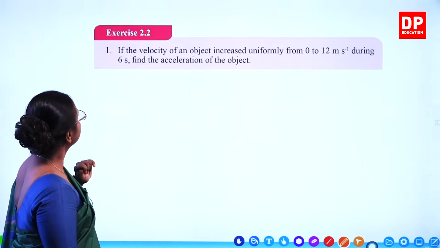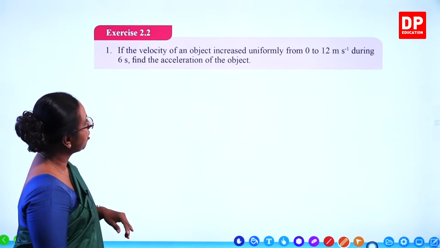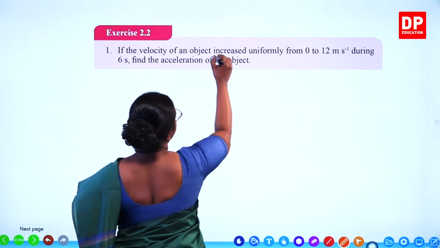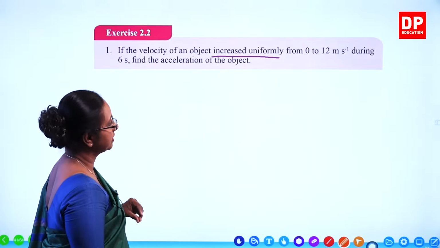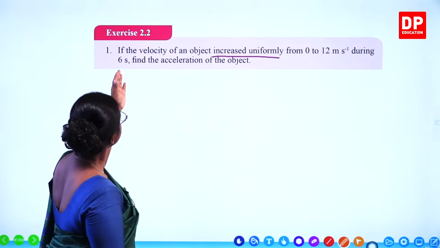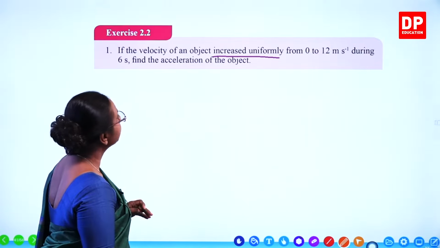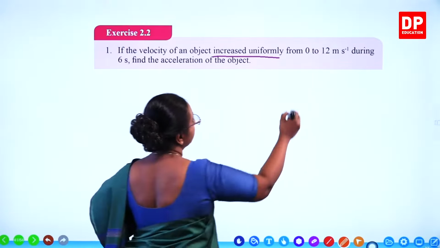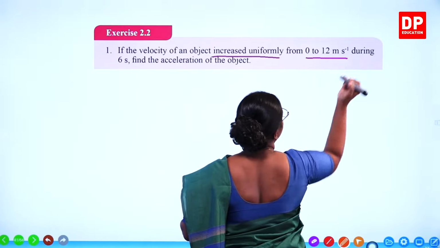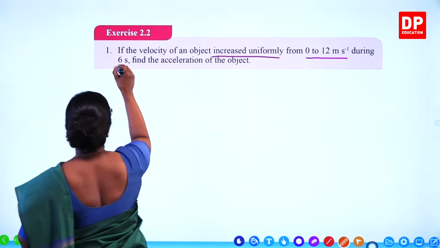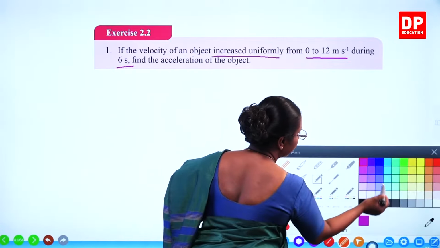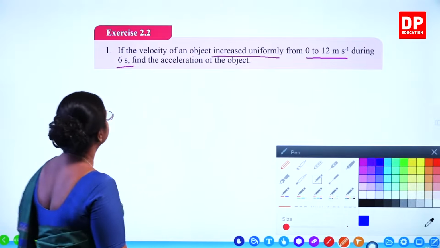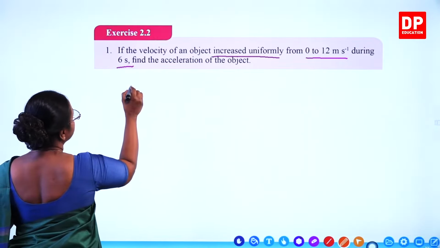The first question, if the velocity of an object increased uniformly from 0 to 12 meters per second during 6 seconds, find the acceleration of the object. So from 0 to 12 meters per second and the time duration is 6 seconds. So we will calculate the acceleration. You have to write the equation.